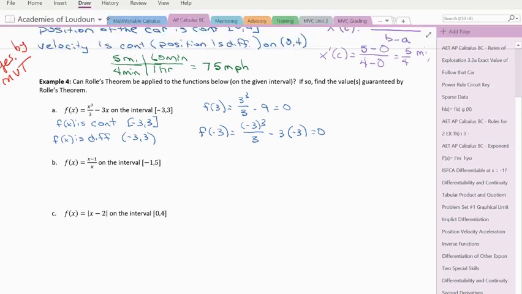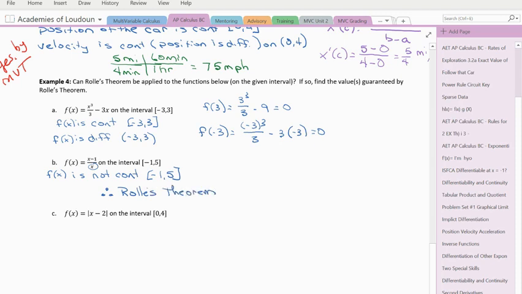So now let's look at example B. F of x, is it continuous on -1 to 5? We can see that because the denominator is x, f of x is not continuous on the interval -1 to 5. Therefore, Rolle's theorem does not apply.